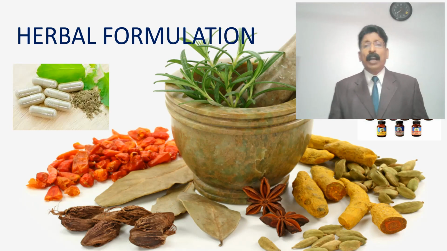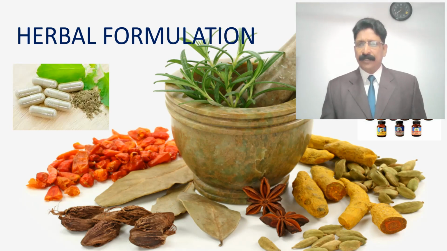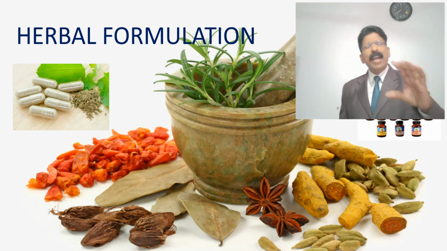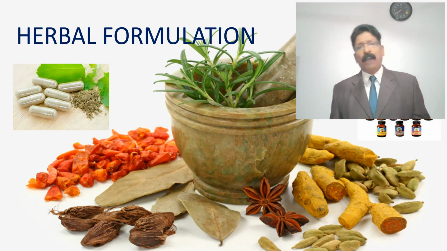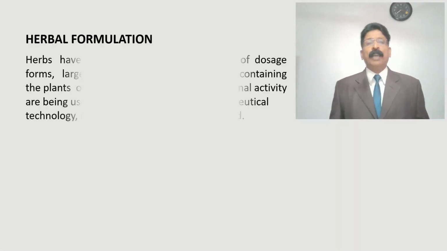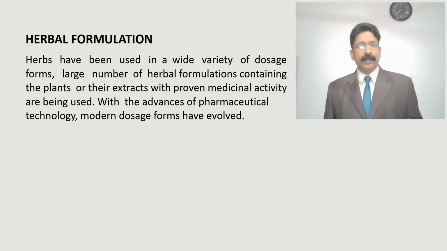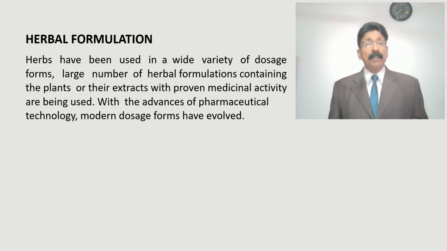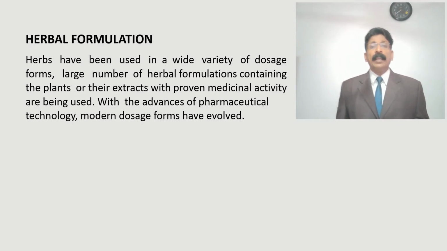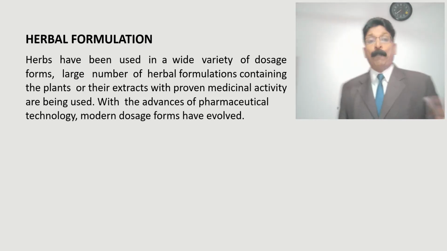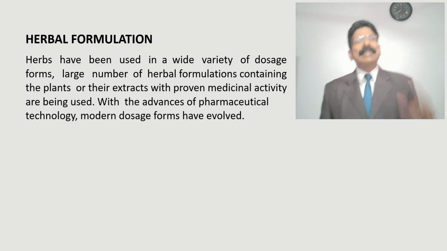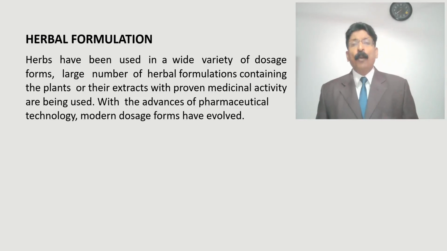Now we are coming to the herbal formulations, which I am discussing very briefly, but the student has to apply what was studied in pharmaceutics. The procedures have to be added in every formulation. Herbs have been used in a wide variety of dosage forms. A large number of herbal formulations containing plants or their extracts with proven medicinal activity are being used.